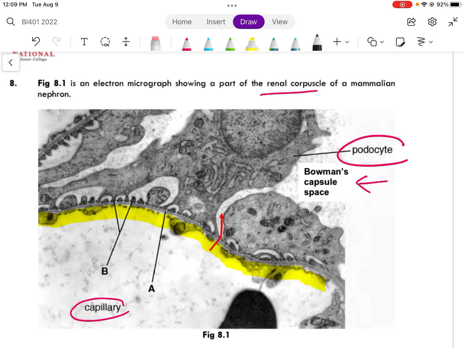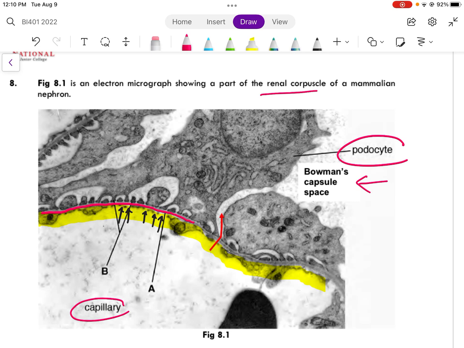If you look very carefully, you can in fact see the fenestrations. Here is a fenestration, here's another fenestration. Lots of gaps, right? And that makes sense. After the fenestrated glomerular walls, the next layer you should see, this thin layer over here, is likely the basement membrane or basal lamina.